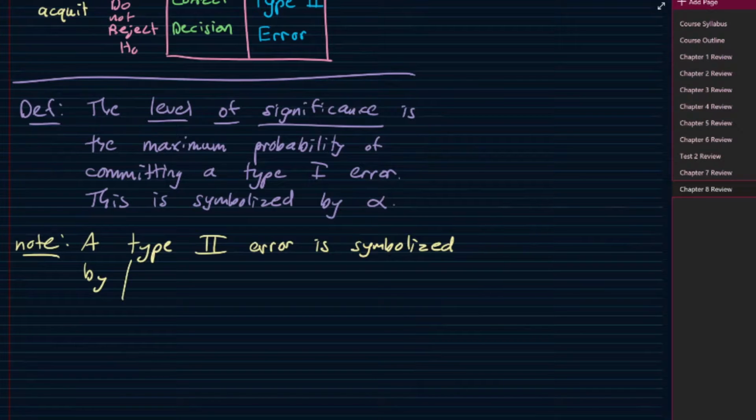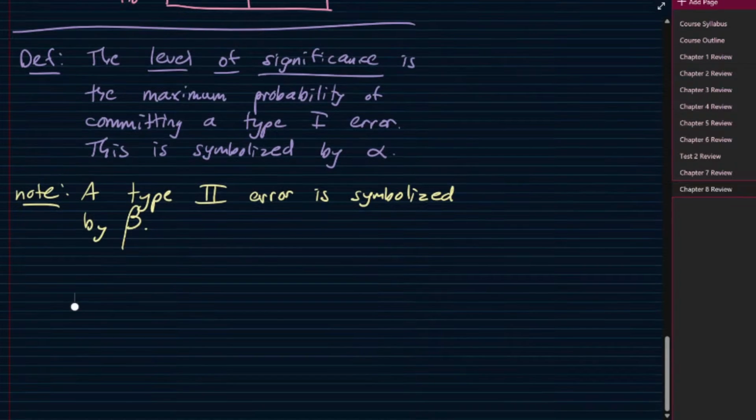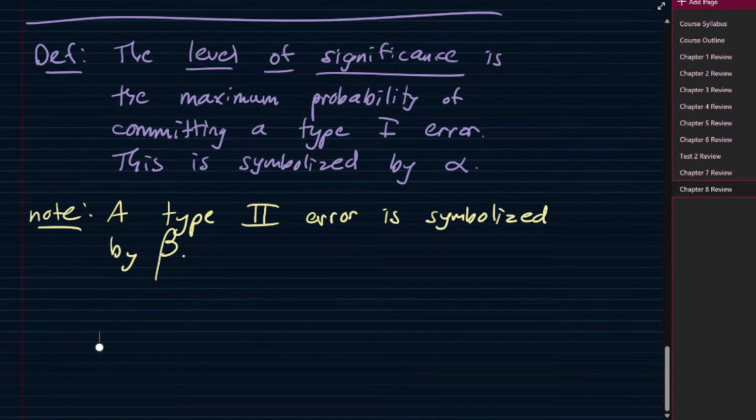But type 2 errors are much, much harder to account for or calculate. And usually, increasing one makes the other one decrease. They have an inverse relationship with each other. Okay, but alpha is the important one. That's the one that we'll be talking about and using to come up with the critical regions.